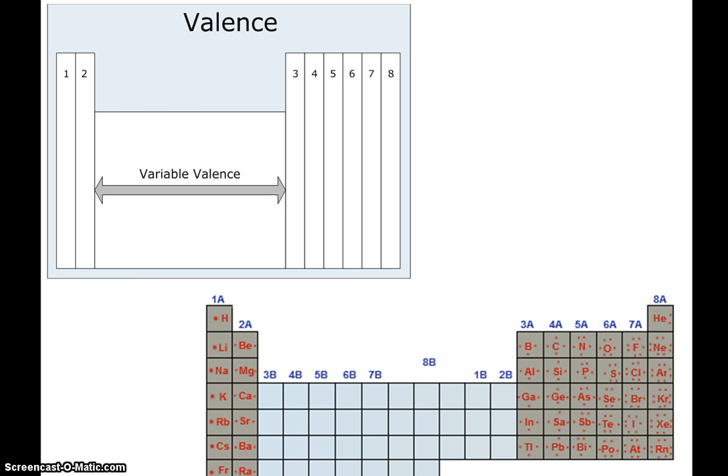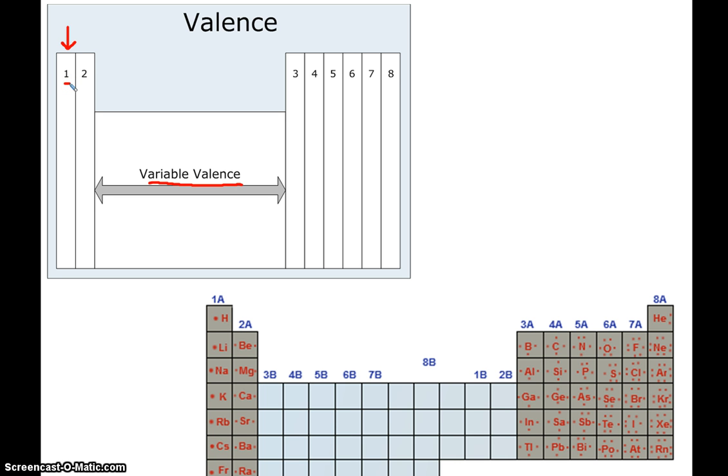Now, real quick, here's how we can find the number of valence electrons. The transition metals, this area right in here, we're going to ignore for right now because the number of valence electrons can change. So we're going to look at the columns. Lucky for us, there are 8 columns, and those 8 columns correspond to the number of valence electrons. If we start on the left-hand side, every element in that first column, hydrogen, lithium, sodium, potassium, rubidium, cesium, and francium, has 1 valence electron.